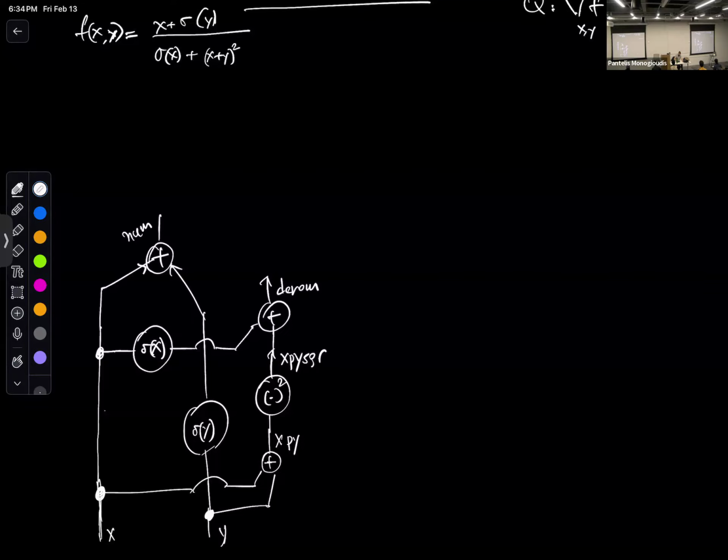And then I'm going to take the denominator, invert it, and I'm going to call this the inverse norm for this region. And I'm going to multiply finally these two to obtain f.